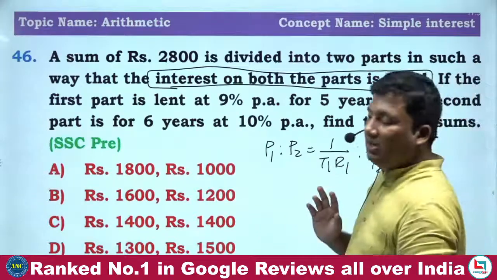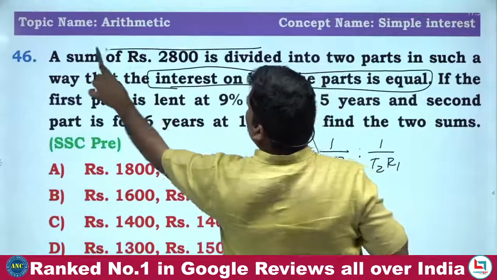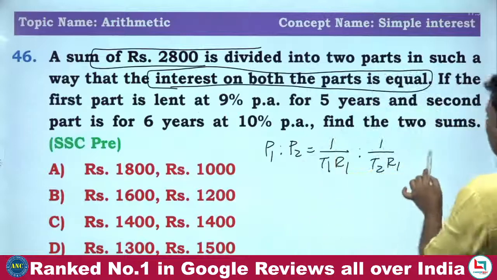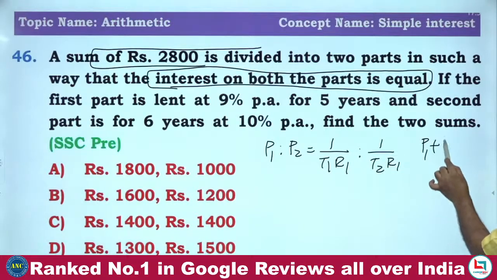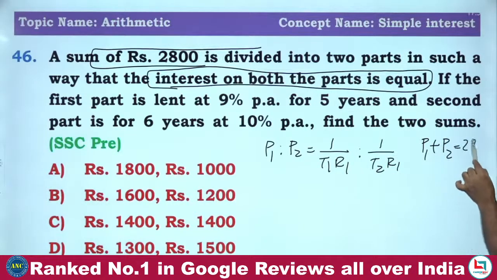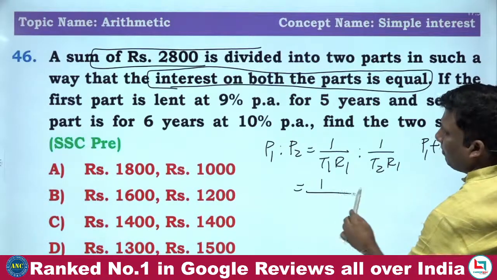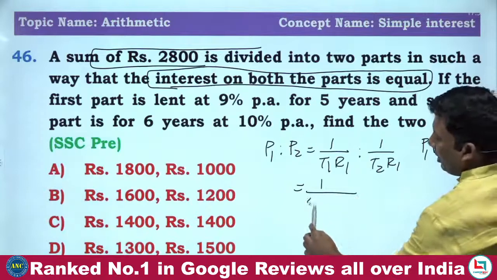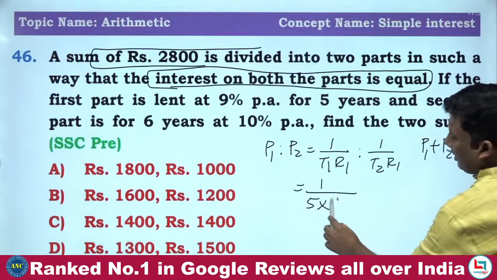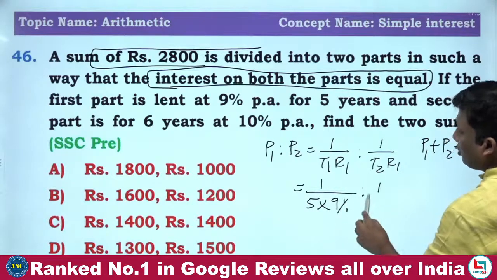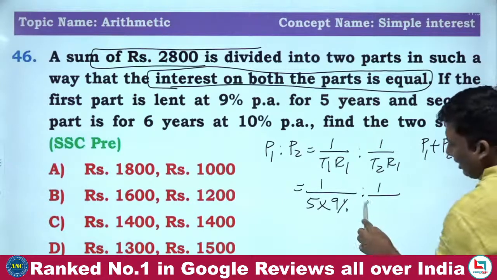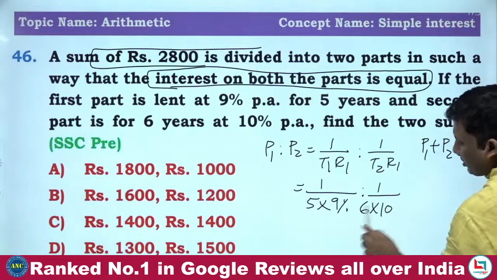What is P? Principal. What is the total sum of the principal? 2,800. P1 plus P2 is equivalent to 2,800. Is this idea clear? So first one it will be 1 by T1, it is 5, rate is 9%, is to 1 by T2, it is 6, it is 10%.